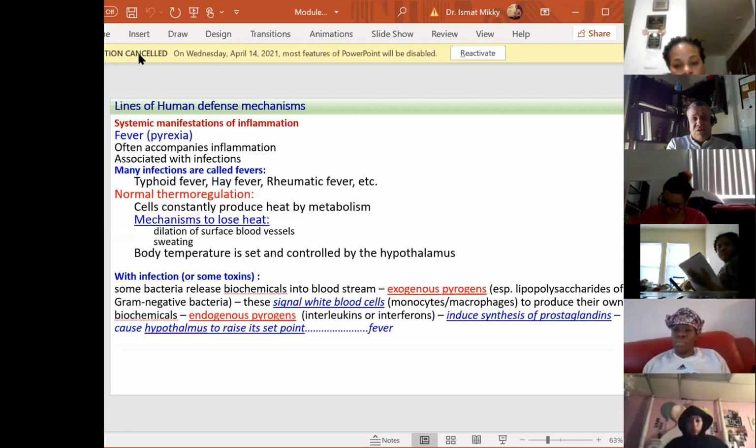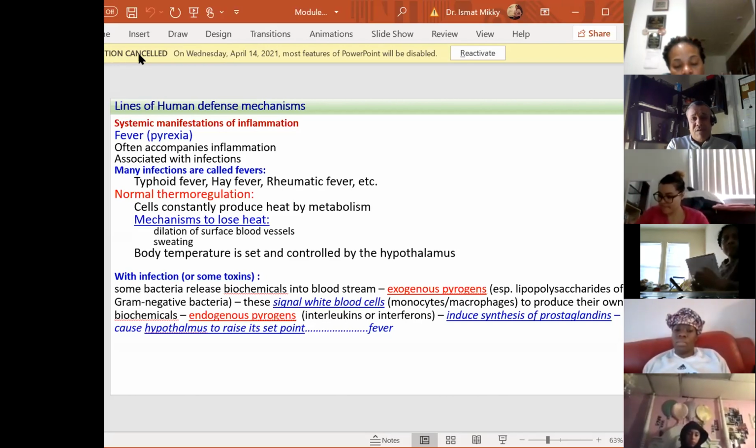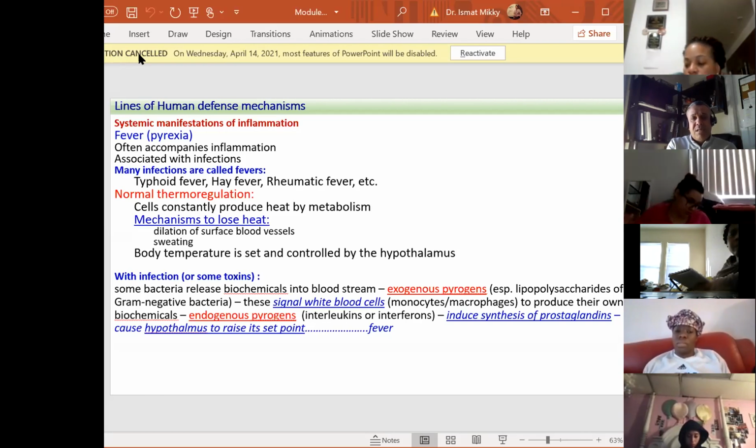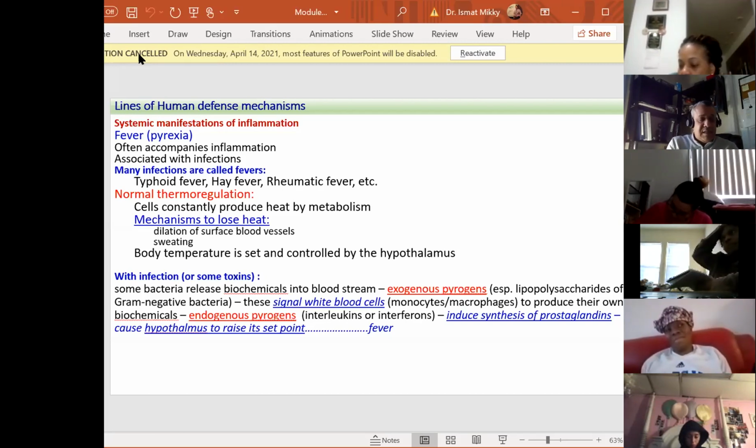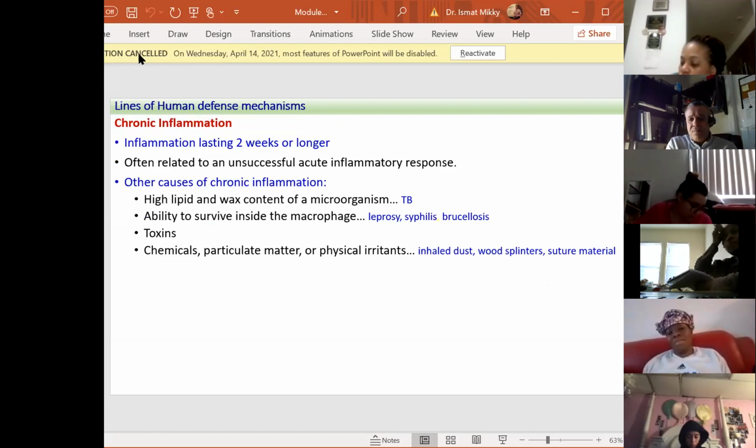Toxins as exogenous pyrogens will stimulate and signal the white blood cells, mostly the macrophages and monocytes, which contain the interleukins and interferons, to be released, and it will stimulate the prostaglandin, so the prostaglandin is going to cause the hypothalamus to raise its set point. So that's the mechanism of fever, in response to mostly infectious diseases and the presence of bacteria.